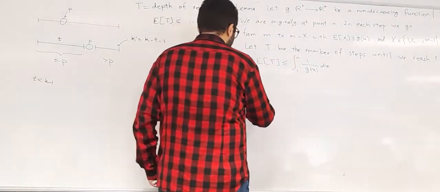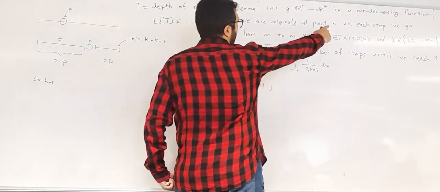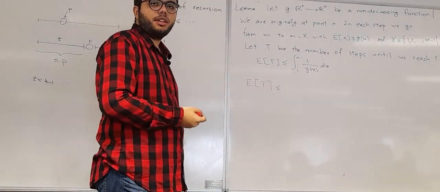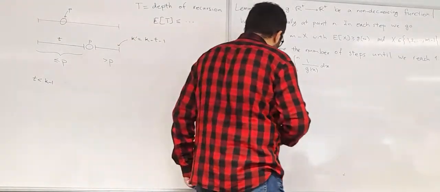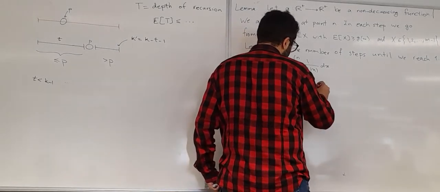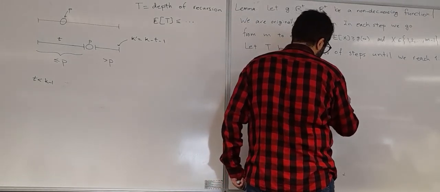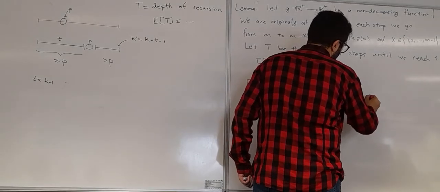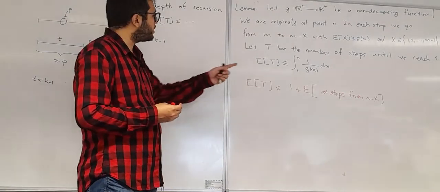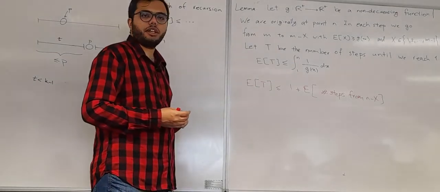What is the expected number of steps that I will take? I'm assuming that I'm starting at position n. So I first take one step, right? And when I take one step, I will be at position, let's say, n minus x. So this would be 1 plus the expected value of my number of steps from n minus x. Let's say that I know that the inequality holds for every smaller value of n.